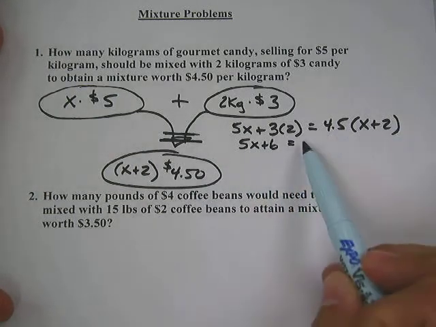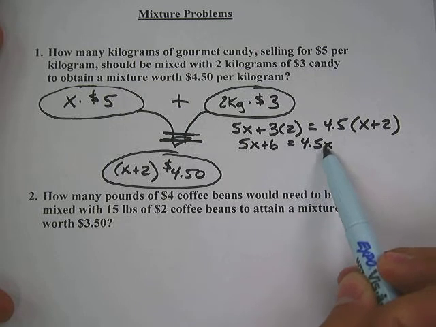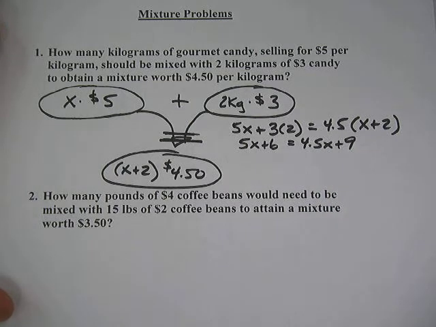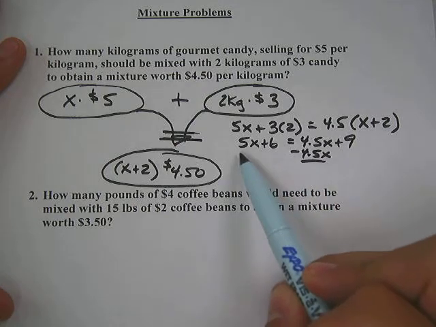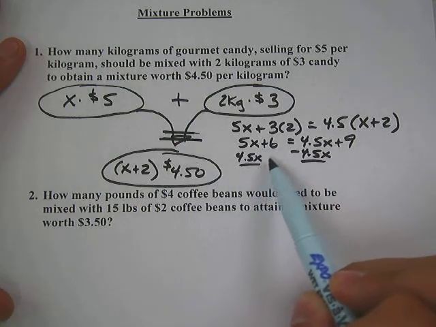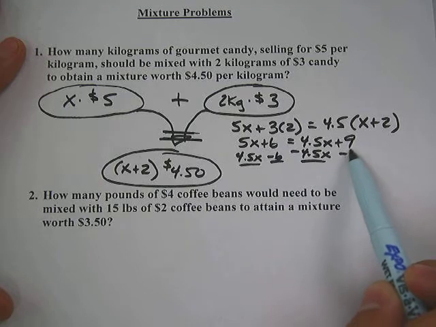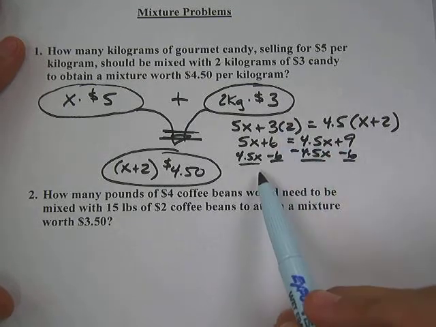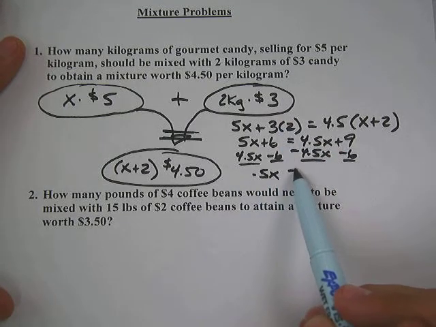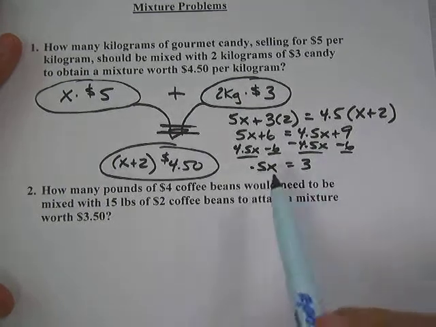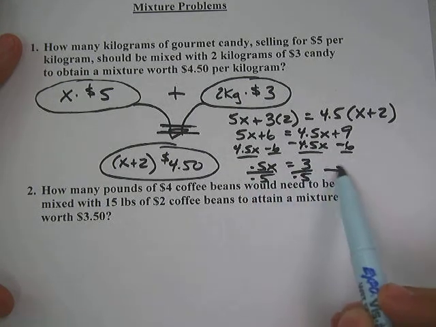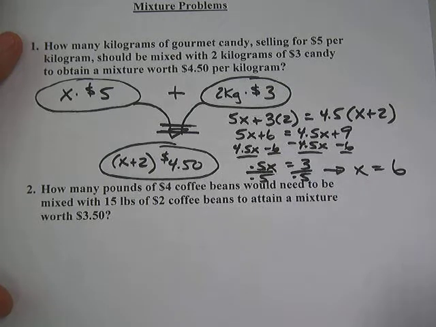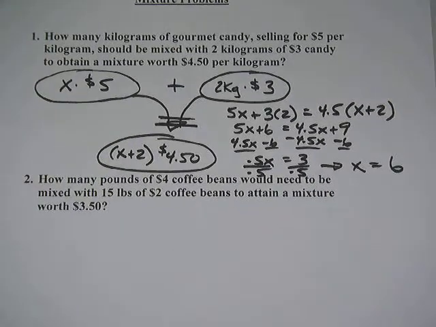This is going to be 5x plus 6 equals 4.5x plus 9. If I subtract my 4.5x, and now subtract 6, so I'm doing two steps in one, I get 0.5x equals 3. If I divide by 0.5, I get x equals 6.